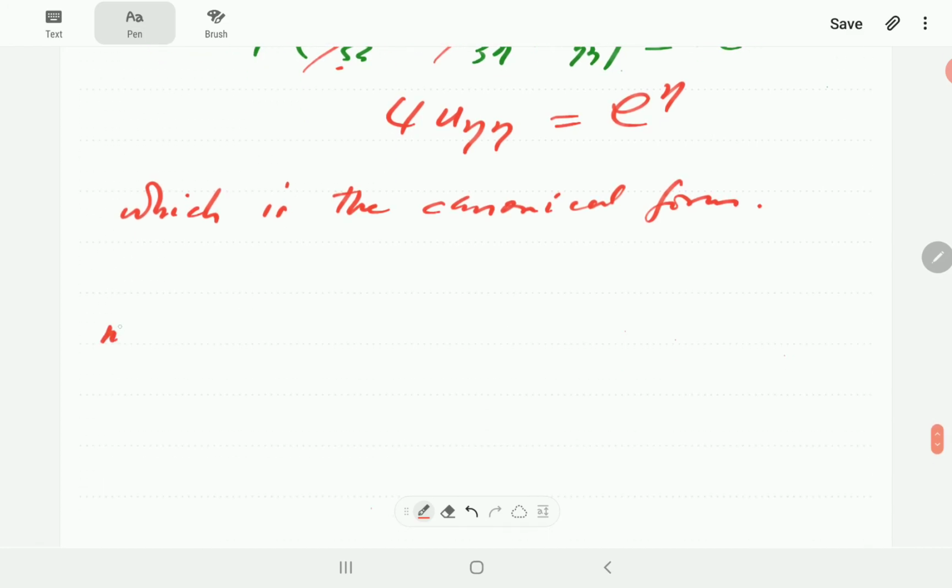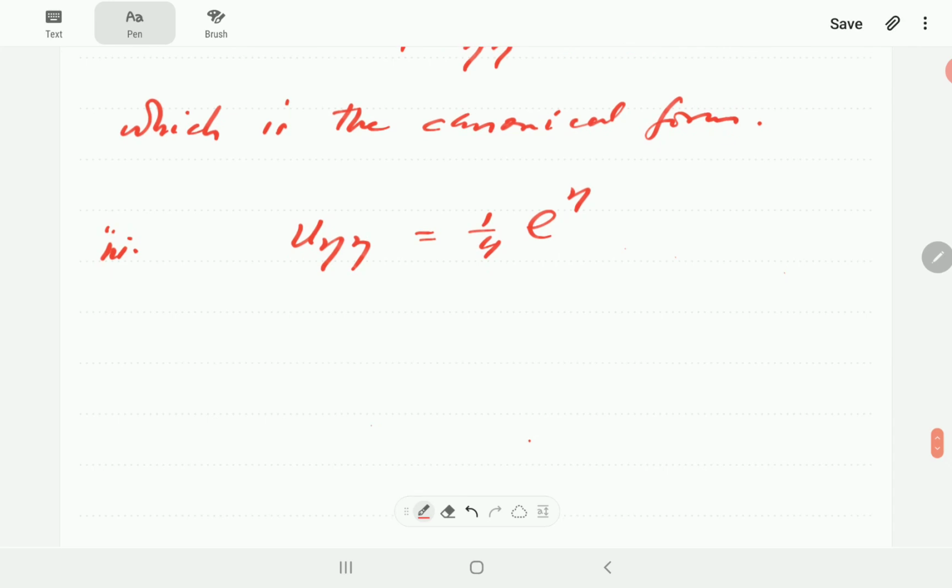Then in terms of part 3, we can integrate this easily with respect to eta. So let's start by taking the 4 to the right hand side. u eta eta equals 1 over 4 e to the eta. So we will integrate this once with respect to eta. We can integrate e to the eta with respect to eta.